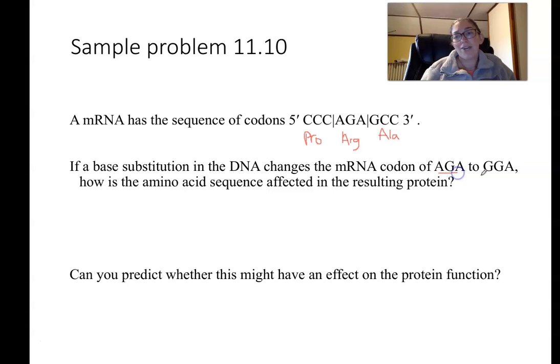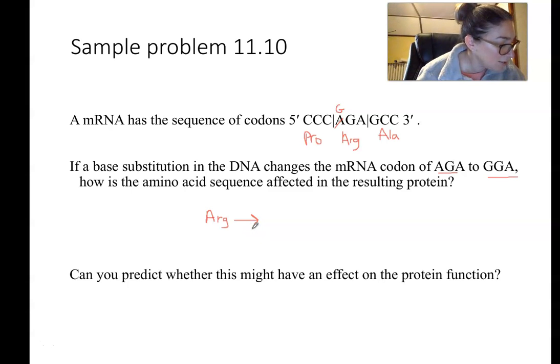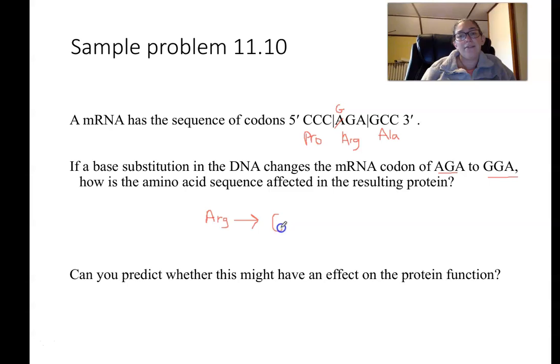All right. And in this problem, it says if there's a substitution in the DNA and it changes the AGA codon to GGA, so if we were to change this to GGA, how is the amino acid sequence affected? So AGA is arginine, but GGA is glycine.